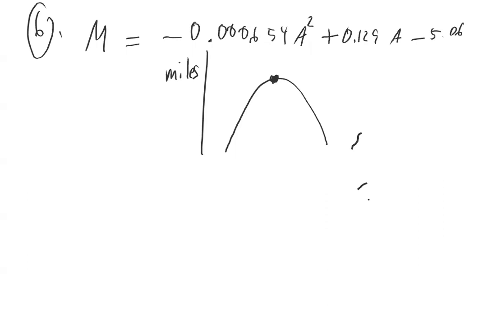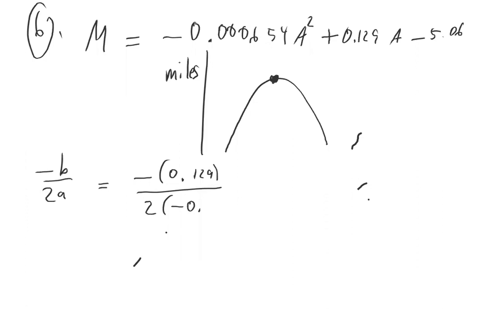fuel miles per pound of fuel versus airspeed. So we're going to use the same formula again, because to find the vertex of a quadratic function, you can use the formula negative b over 2a. So it's negative b, and b is 0.129, divided by 2 times a, which is negative 0.000654.